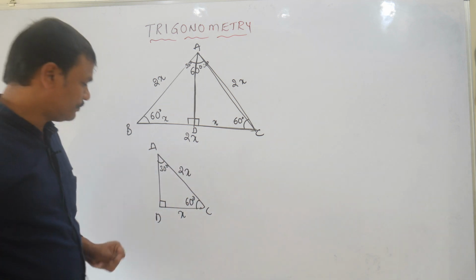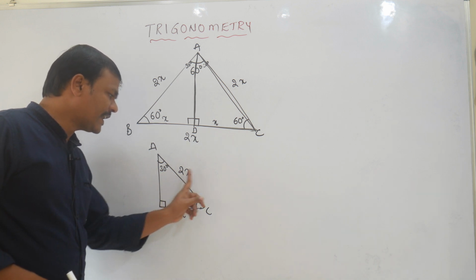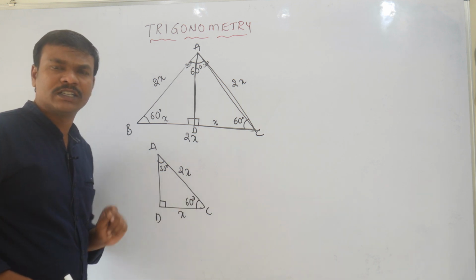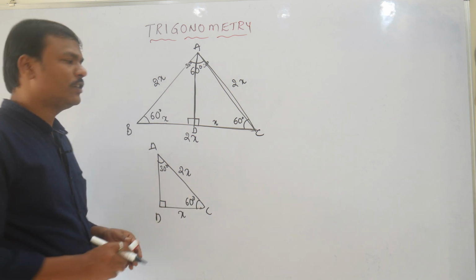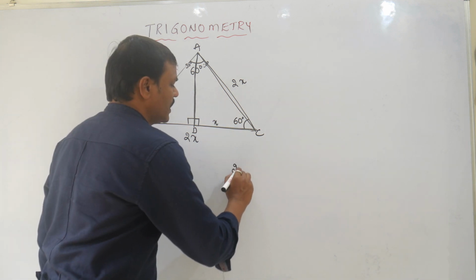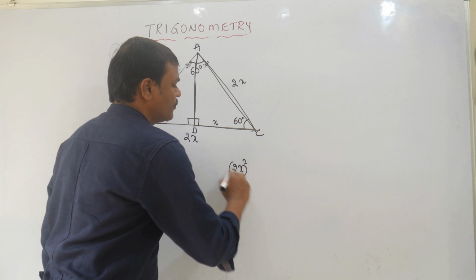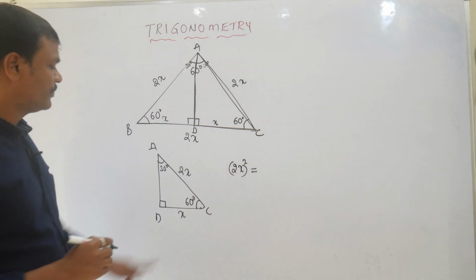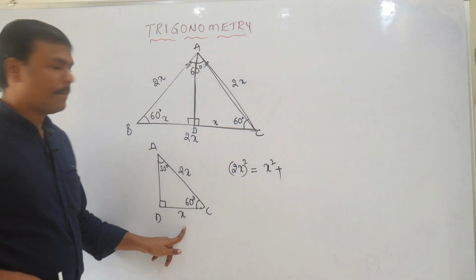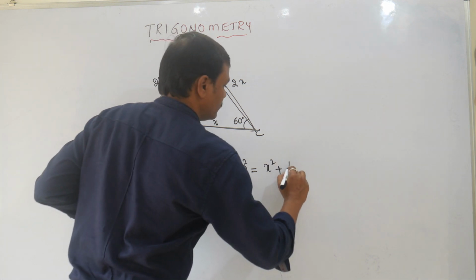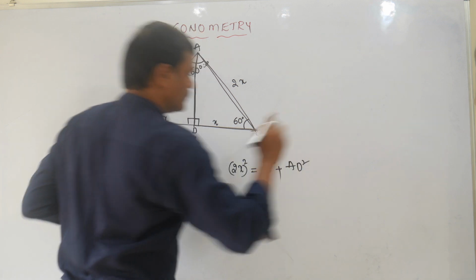According to the Pythagoras theorem, the side opposite to the right angle in a right angle triangle is called the hypotenuse. Hypotenuse square is equal to the sum of the squares of the remaining two sides. That means (2x) square is equal to DC, x square, plus AD square. Right.